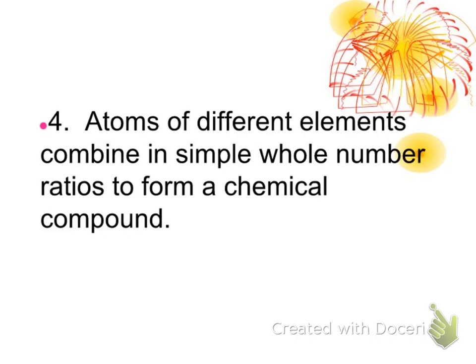We've been studying this, haven't we? This idea, number 4. Atoms of different elements combine in simple whole number ratios to form chemical compounds. H2O, H2O2, CO2, CO. The law of multiple proportions kind of shows us that. The law of definite proportions kind of shows us that.